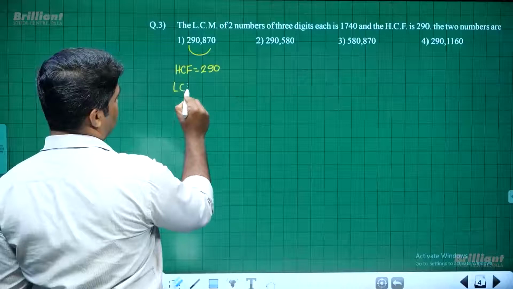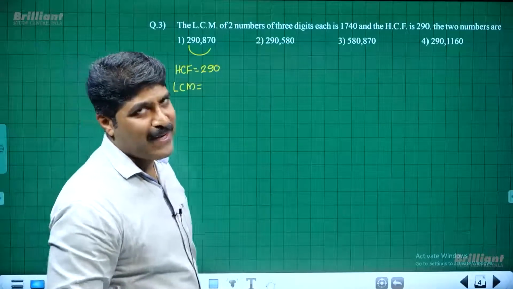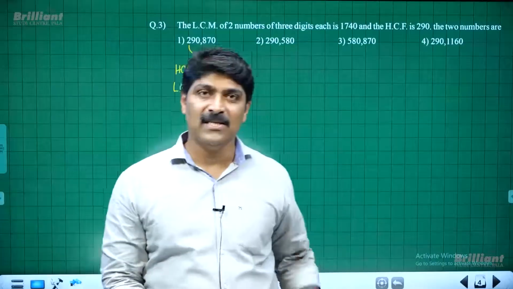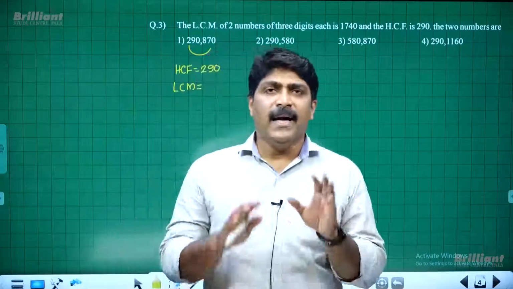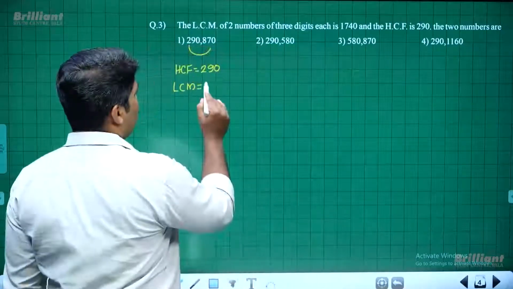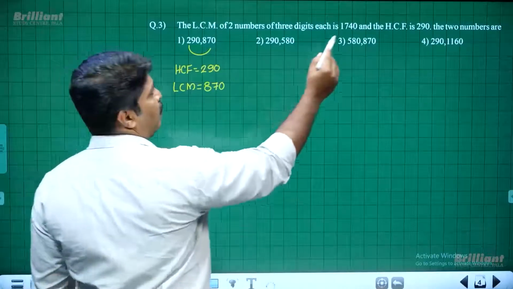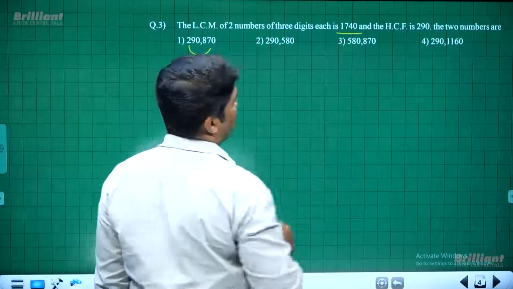But what is LCM? Here 290 is a common factor for 290 and 870. That's why we are taking HCF as 290. And this 870 is a multiple of 290. Therefore, no doubt here LCM is 870. But we need LCM as 1740.